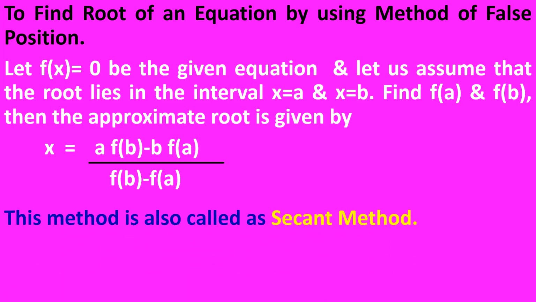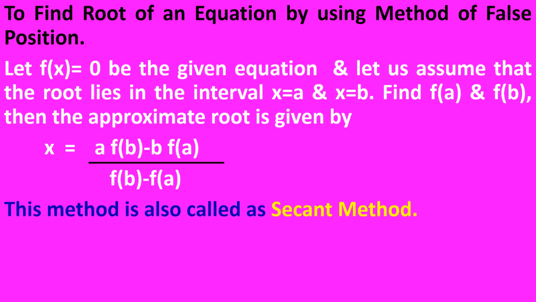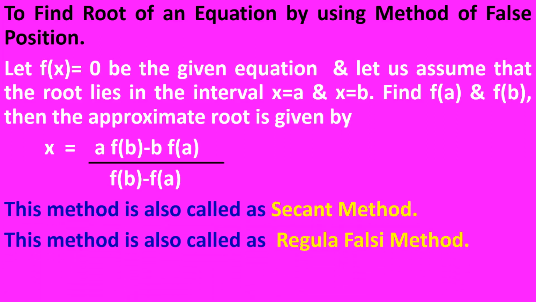This method is also called the secant method, and also called the regula falsi method. Secant method, regula falsi method and method of false position mean the same, and the formula to find the root is x is equal to a into f of b minus b into f of a divided by f of b minus f of a.